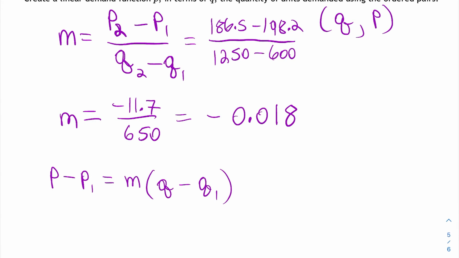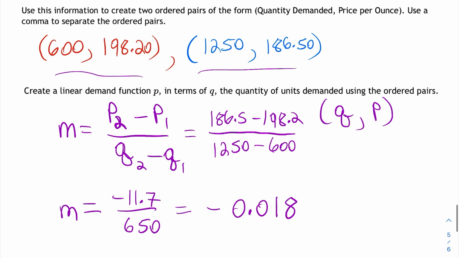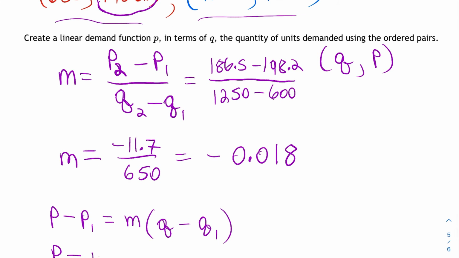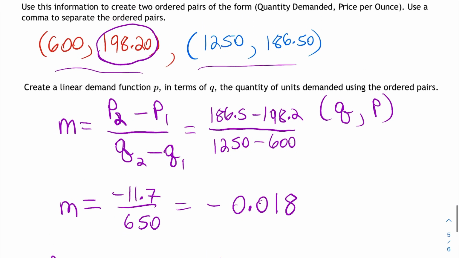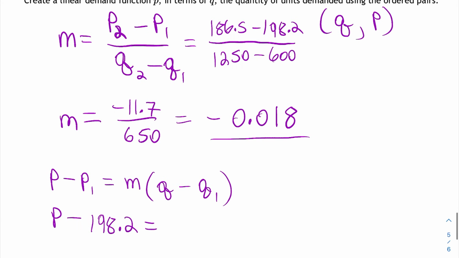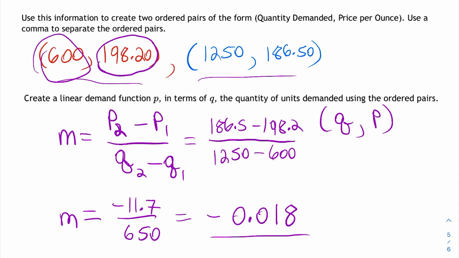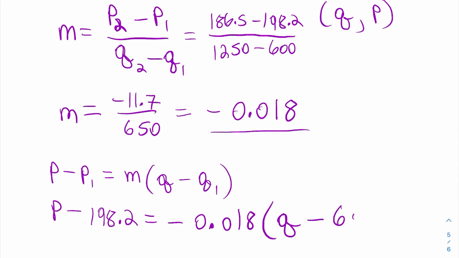Then we just plug in all the information. p is the variable price. p1 is the fixed price, 198.20, from this point. That's equal to m, which we found to be negative 0.018, times q minus q1. And q1 comes from the same point. It's 600.